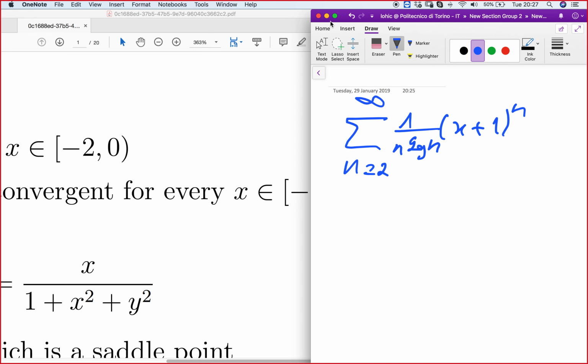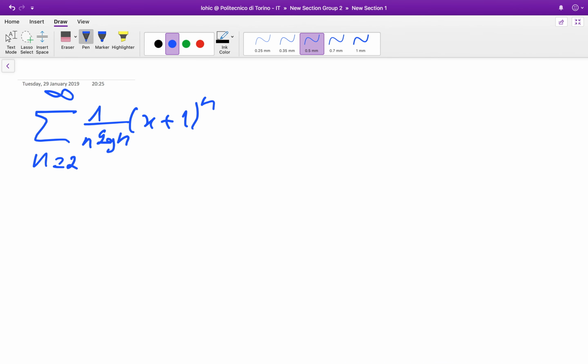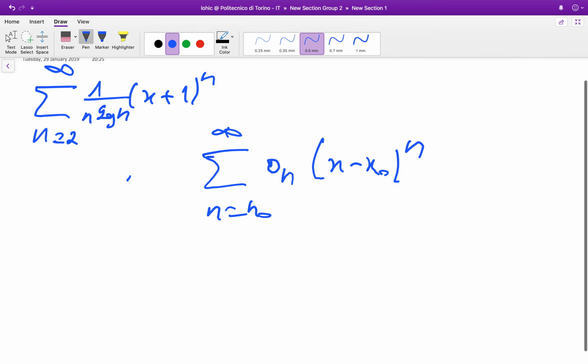Okay, remind that when you are given a power series, in general it's the sum n starting from n0 to infinity of an multiplied by x minus x0 to the power n. This is the form of a power series, right? This x0 here is the center.